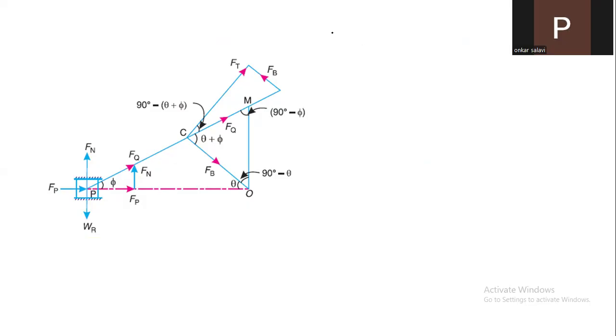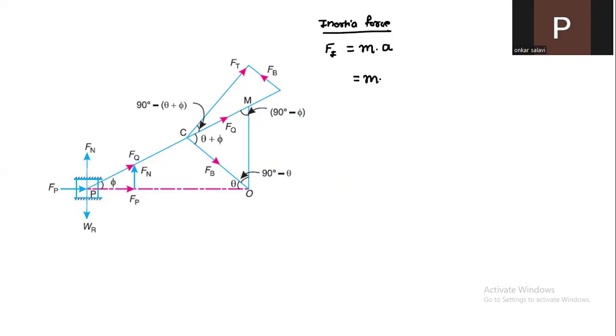The first formula we should know is about the inertia force. The inertia force is given by Fi, which is equal to the mass of the piston into the acceleration.